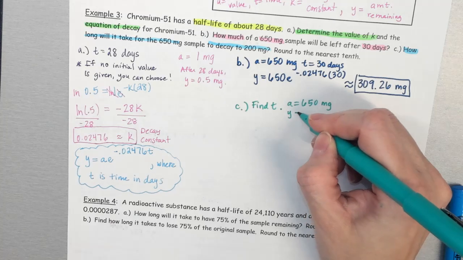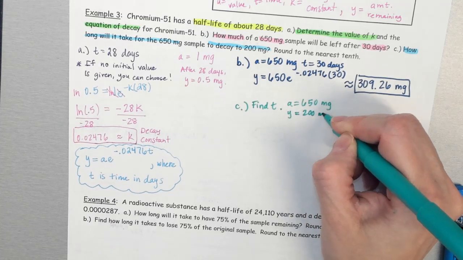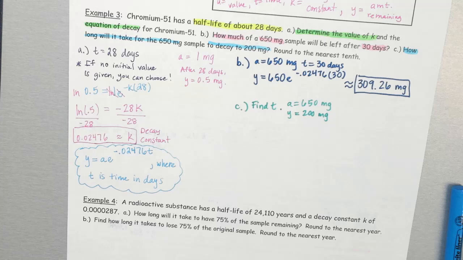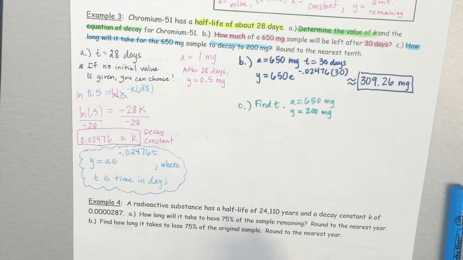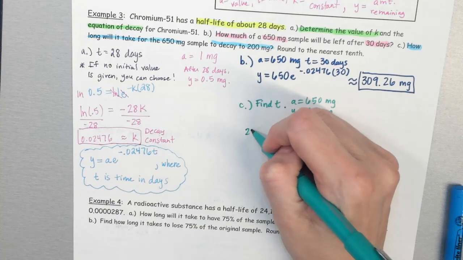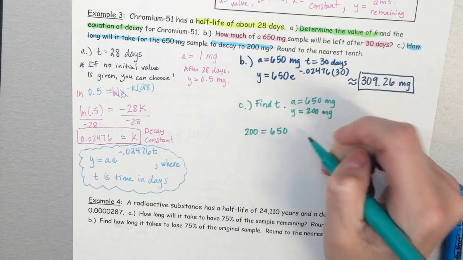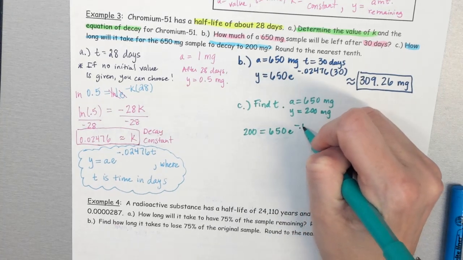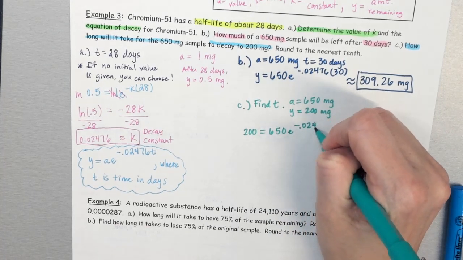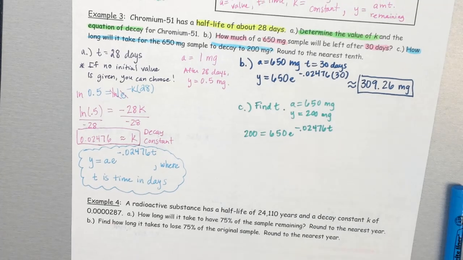So that's going to be your Y or your output. So we got 200 equals 650 e to the power of negative 0.02476 t.